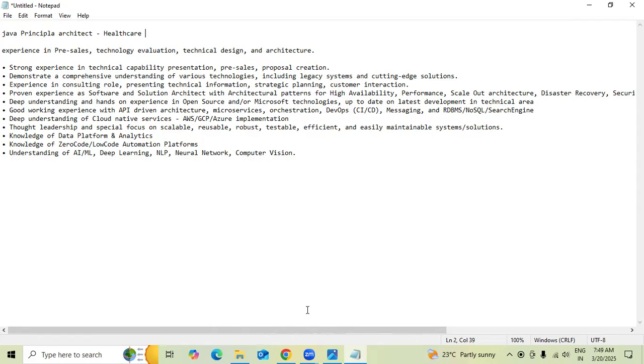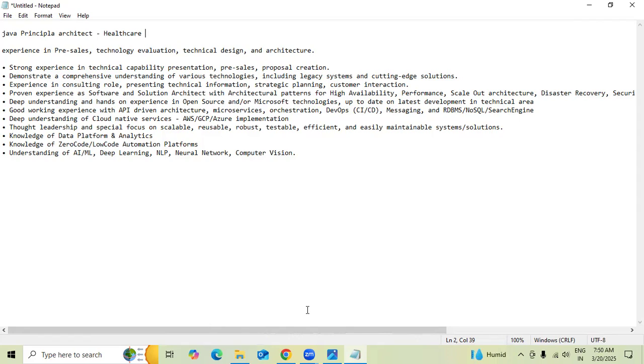Detailed expertise in AML is not mandatory, but have knowledge of AML, deep learning and NLP and how they work, using tools like TensorFlow and PyTorch. We have different tools, and we must be good with that too.